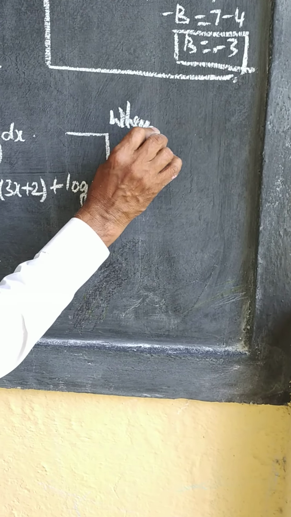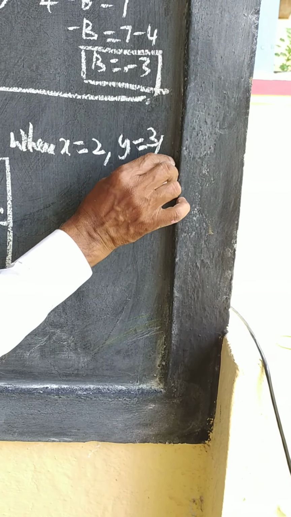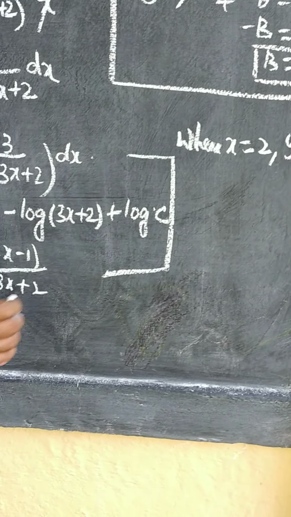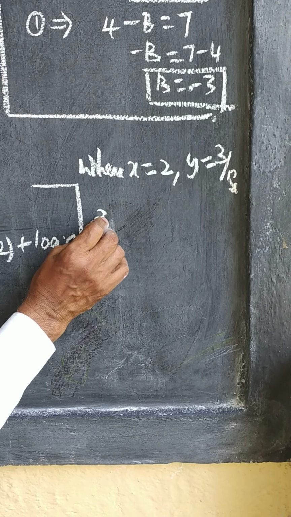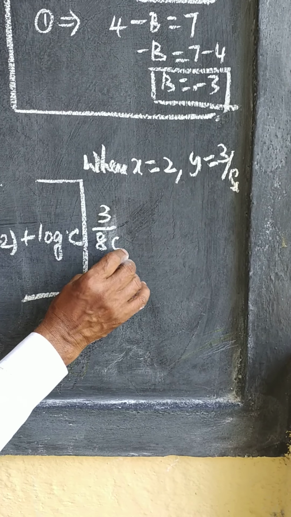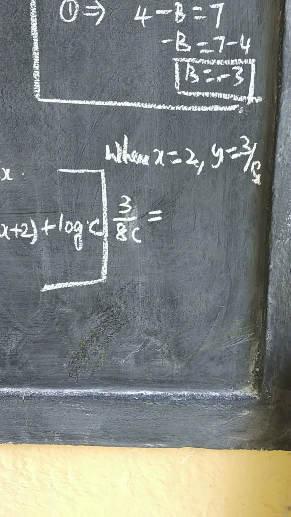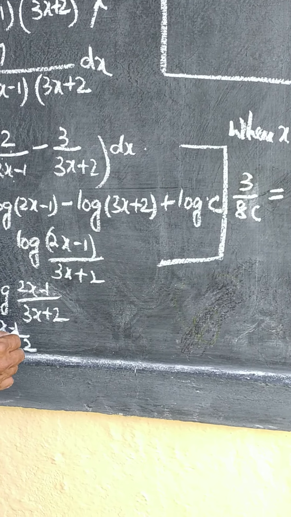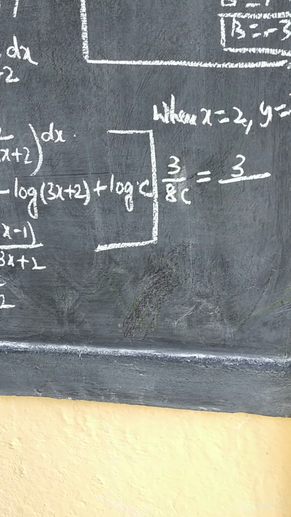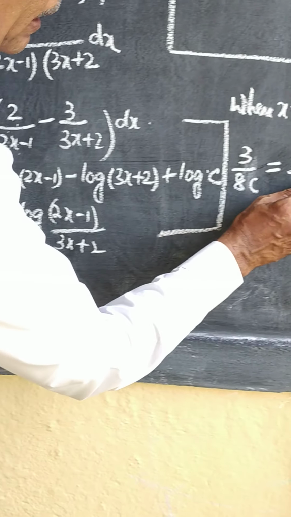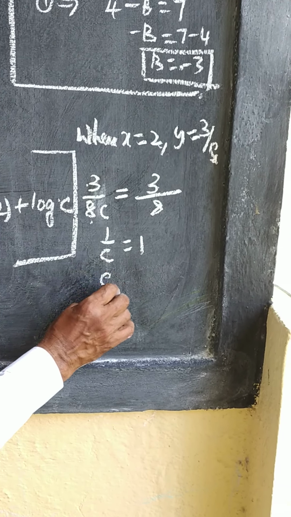When x is equal to 2, y is equal to 3 by 8, in this equation, we get 3 by 8c is equal to, when you put x is equal to 2, 2 into 2, 4, 4 minus 1, 3, by, 2 into 3, 6 plus 2, 8. So 3 by 8 gets cancelled. 1 by c is equal to 1, c is equal to 1.